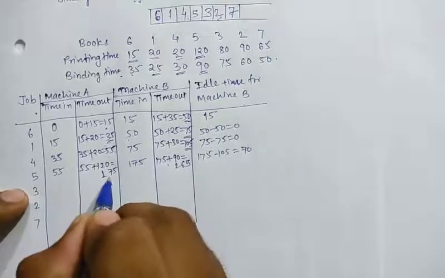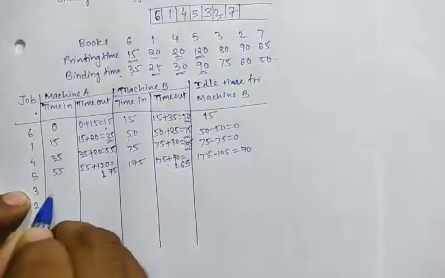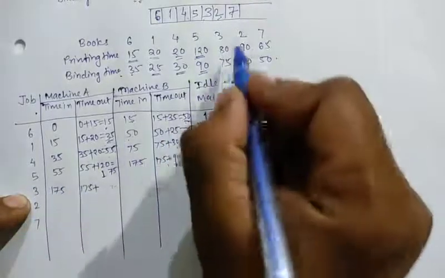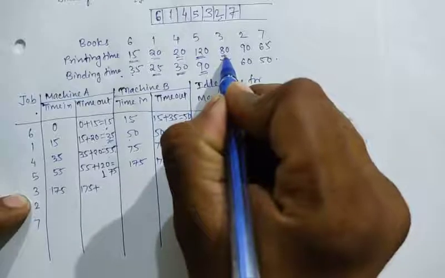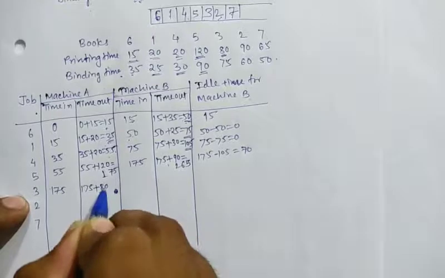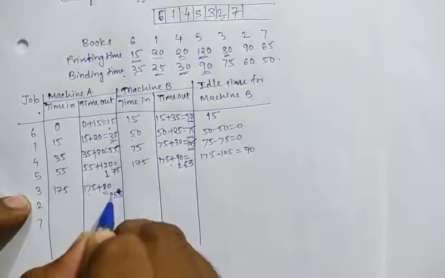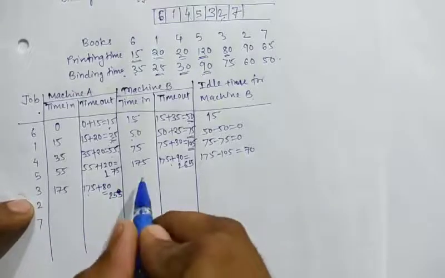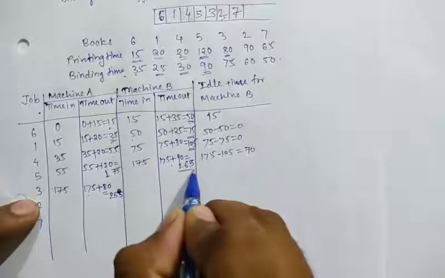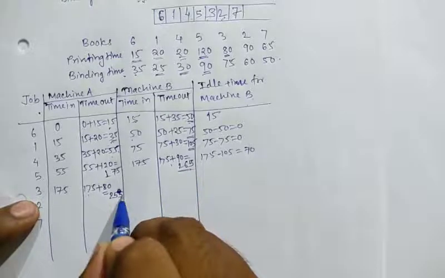Now time out of fifth job is nothing but time in of third job, so which is 175. So here 175 plus for third job, for machine M1 it requires 80 hours, which is equal to 255 hours, and for machine 2 it requires 265 hours and machine 1 requires 255.